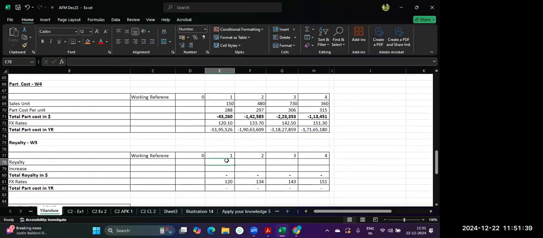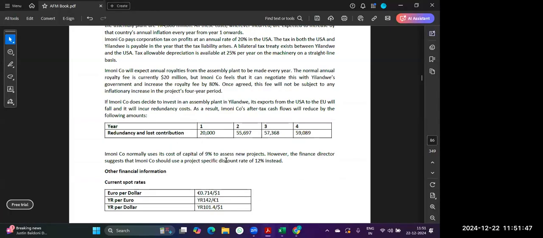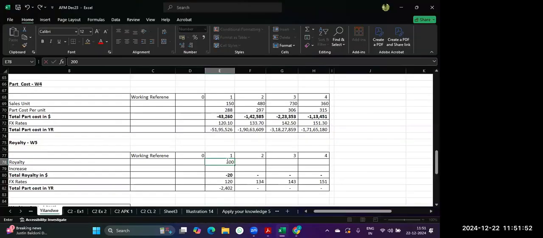Currently they are paying $20 million. Every year it is 20 million, right? But how much are they going to increase by? They are going to negotiate and increase it by 80%. Yes.